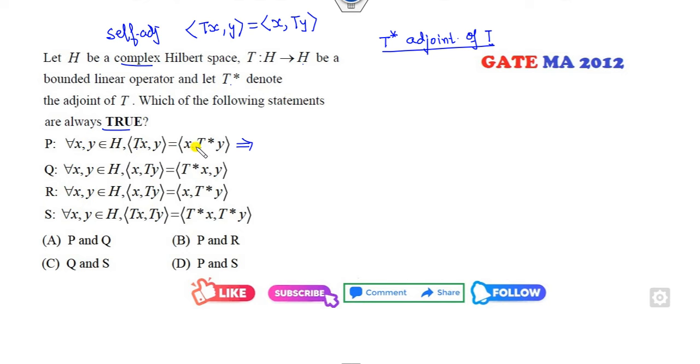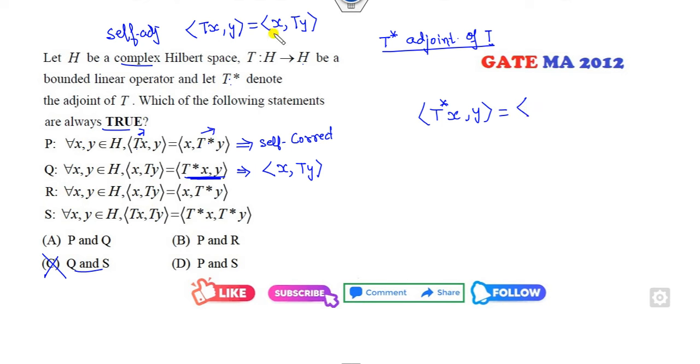Now if you look at that, what does it mean? T is self adjoint. So this first definition is my self adjoint. That's a correct statement. So P is my correct statement. So in this case P is not there. So is this correct or wrong? What is the meaning of this? Okay, so if I look at this x comma Ty, because this is my adjoint given, I can write this value by using this definition.